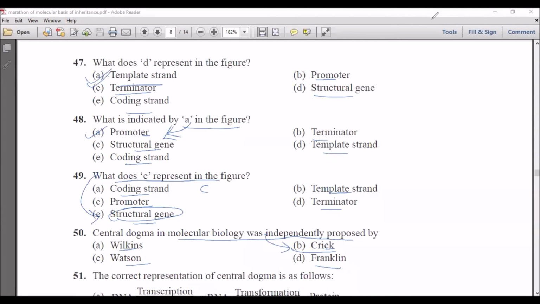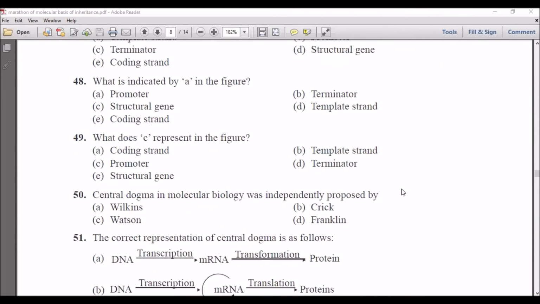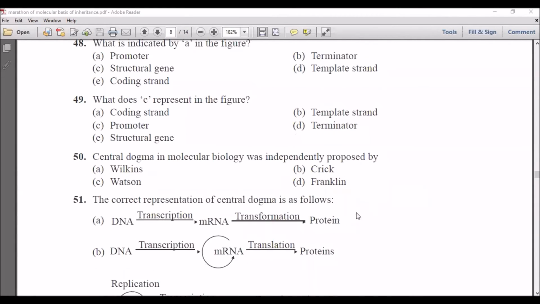Now, next question is, the correct representation of central dogma is as follows. We have to identify the correct representation of central dogma. First is DNA is equal to mRNA.